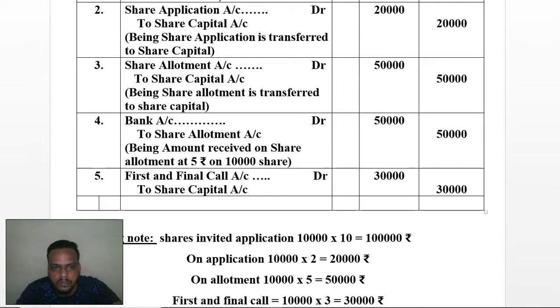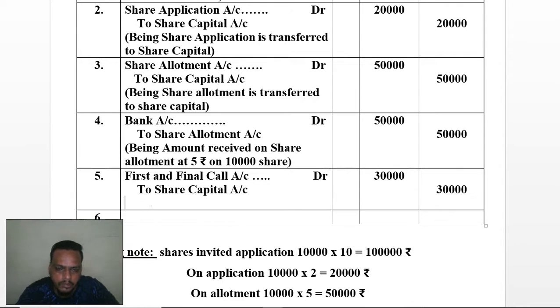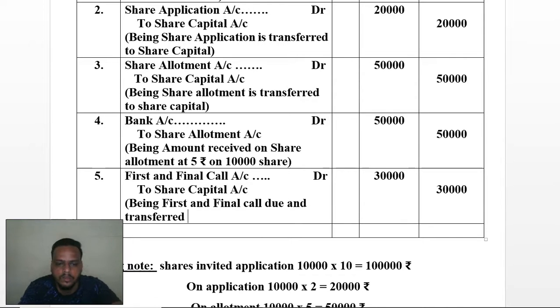So entry number 6 will be, but before entry number 6, one thing was missed, the being. So you have to go with the being also. Being first and final call due and transferred to share capital.